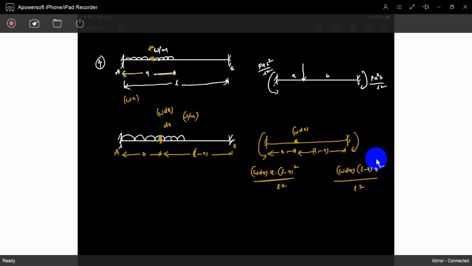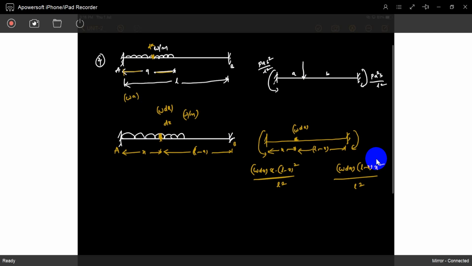So for every contribution we can write it down. We divide the total uniformly distributed load into point loads. We took one sample, and for that sample this much moment exists at both ends.